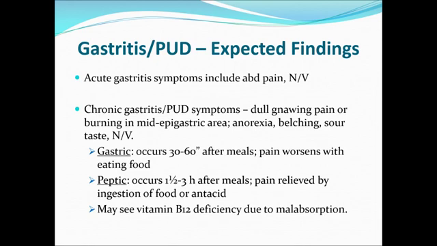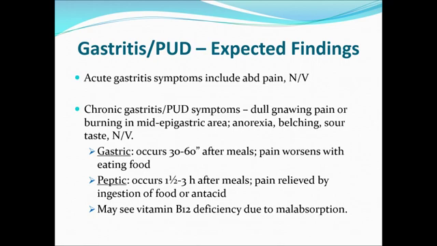Now, a peptic ulcer, which is typically in the first part of the small intestine, the duodenum, that pain generally occurs about 1.5 to 3 hours after meals. And actually, the pain gets better when they eat food or they have an antacid.